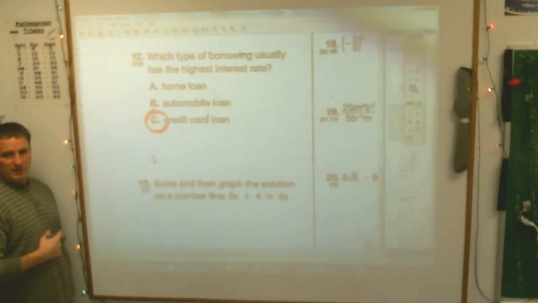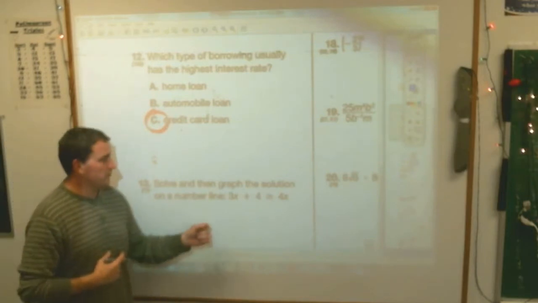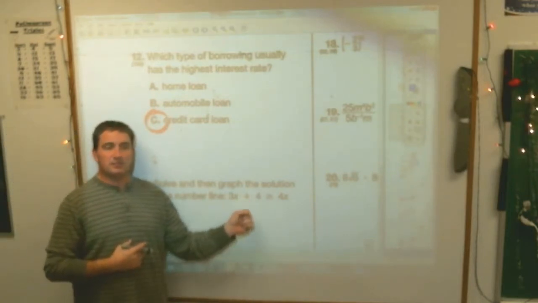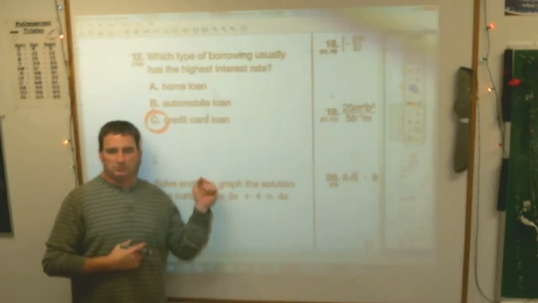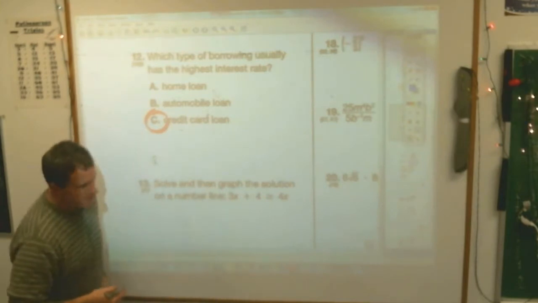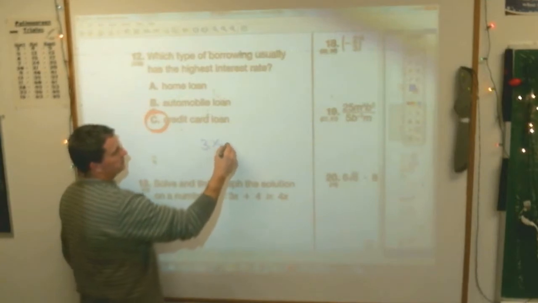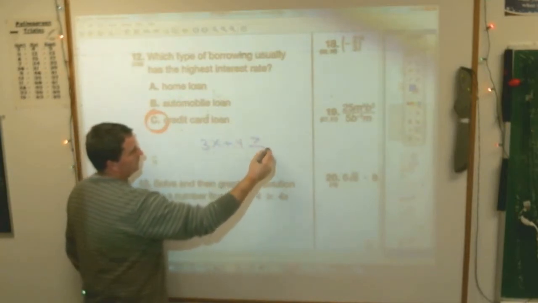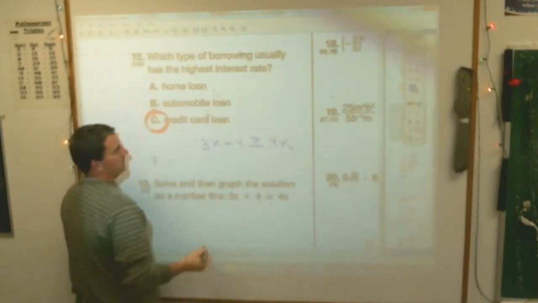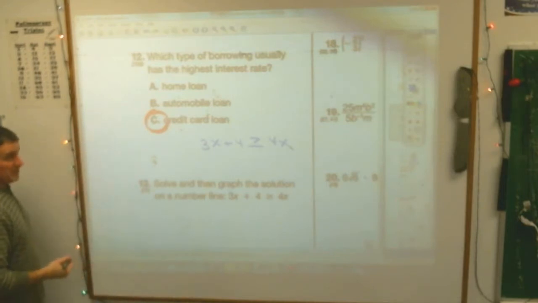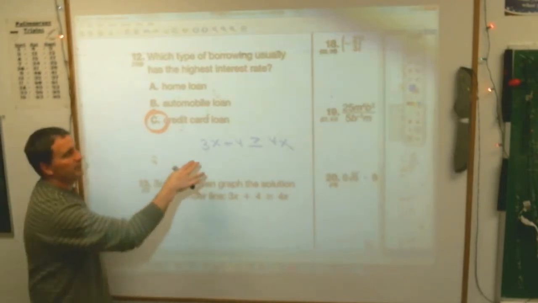But I would tell you on this, be wary when your variable becomes negative, because that's going to switch the signs around. Is that what you were going to say, Nick? If you have 3x plus 4 is greater than or equal to 4x, the rule on this one specifically is the x's have to be on the left side. So I need to move my x's over here.